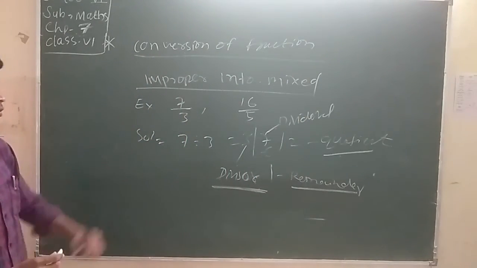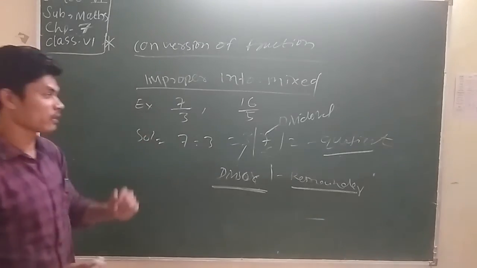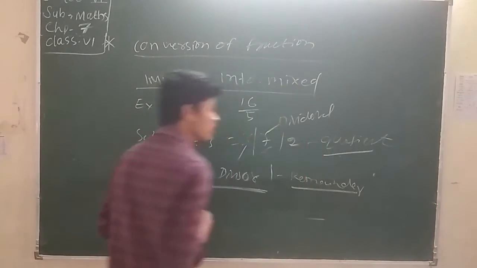Then how do we write the improper fraction as a mixed fraction? The quotient is always the whole number.